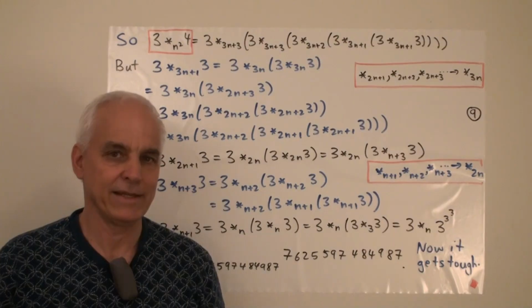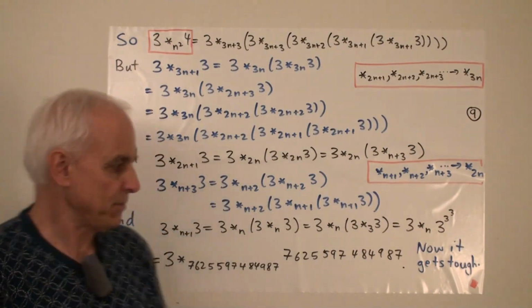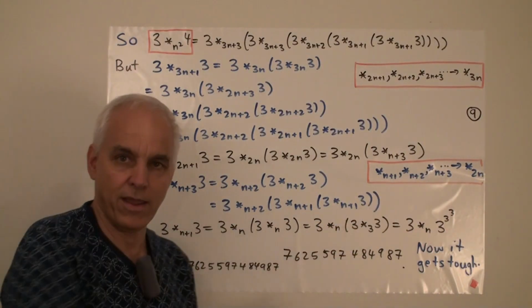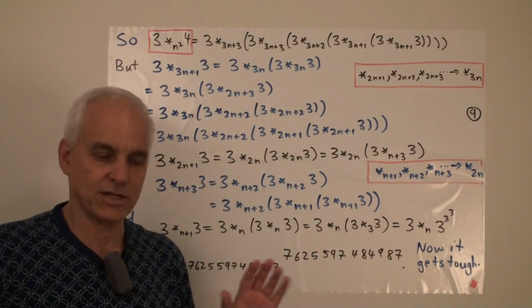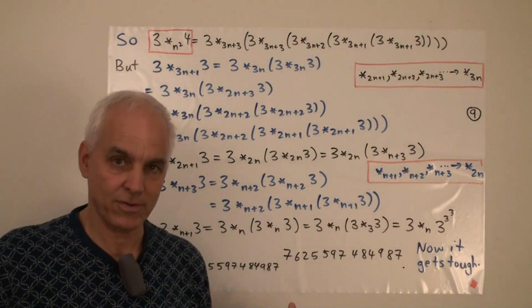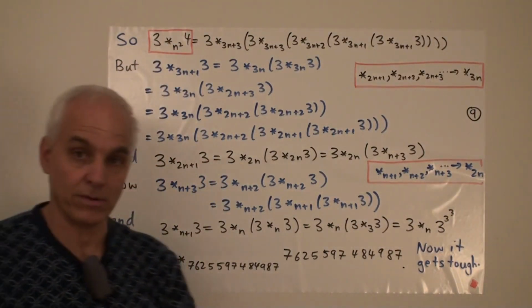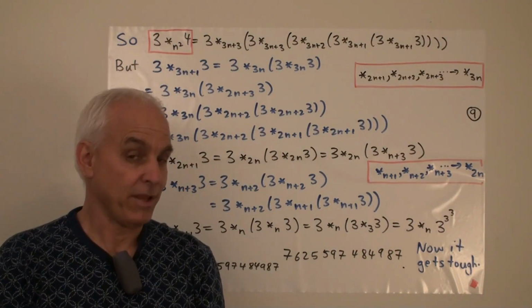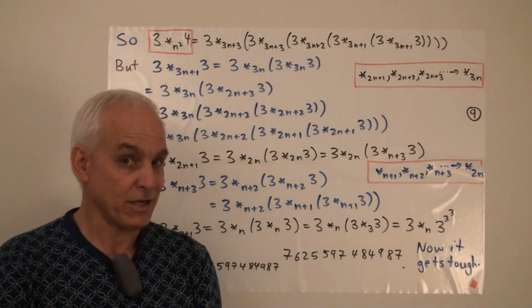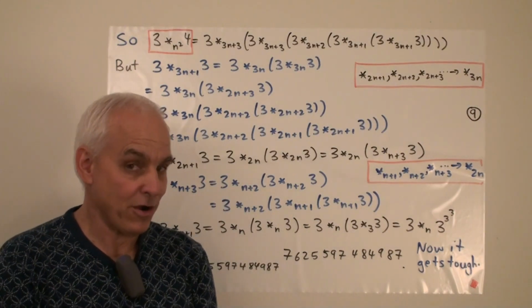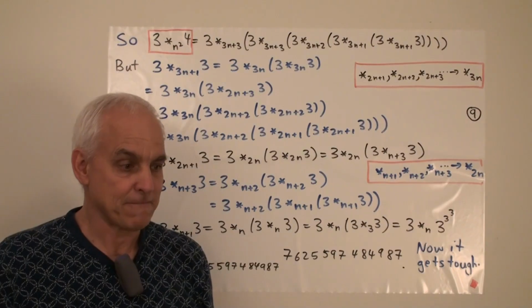We have completely lost track, except in this formal way of this thing. It just completely overwhelms us. And this is only 3 star n squared 4. You can probably get an inkling that we are going to be going much further.